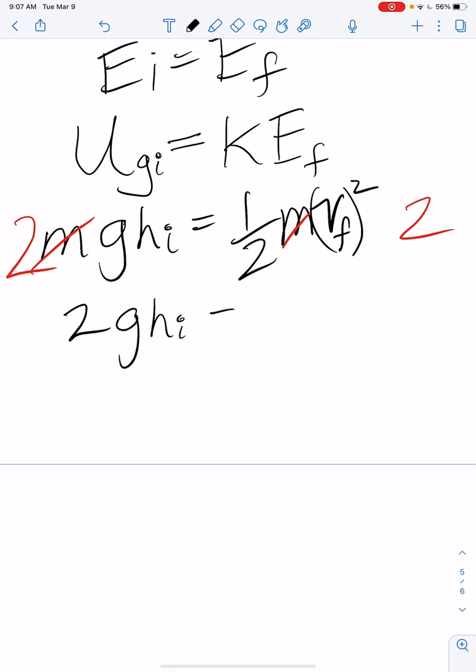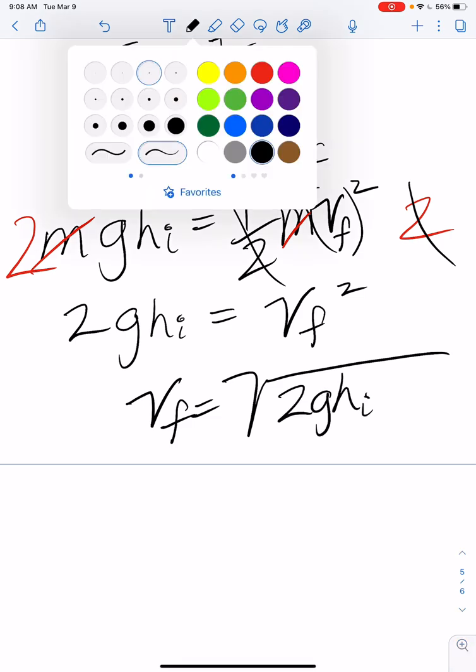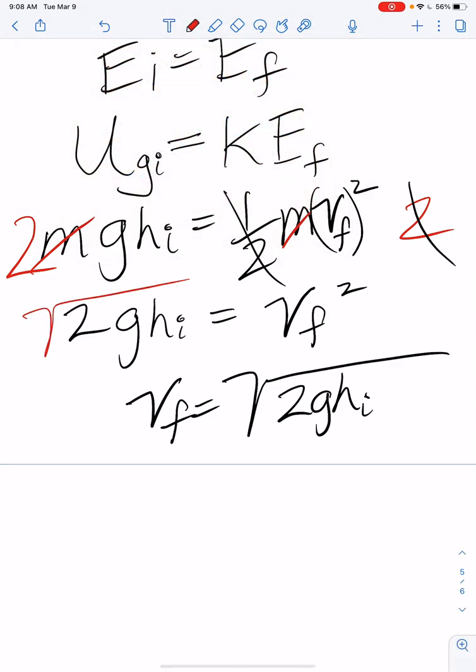So we cancel the half with the 2. 2/2 is 1. And then we can just square root. So we end up with v_f equal to the square root of 2gh_i. I forgot to draw that square root in. There you go, something like that.